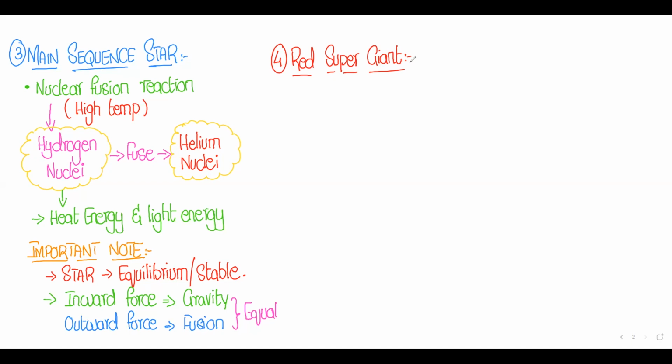Because hydrogen nuclei help nuclear fusion to continue on the surface of a star or the surface of the sun. But suppose there is no hydrogen nuclei, it means there will be no nuclear fusion reaction on the surface of a star or sun, right? Yes. So the red supergiant will form because of the deficiency or running out of hydrogen nuclei, but that will happen after billions of years.